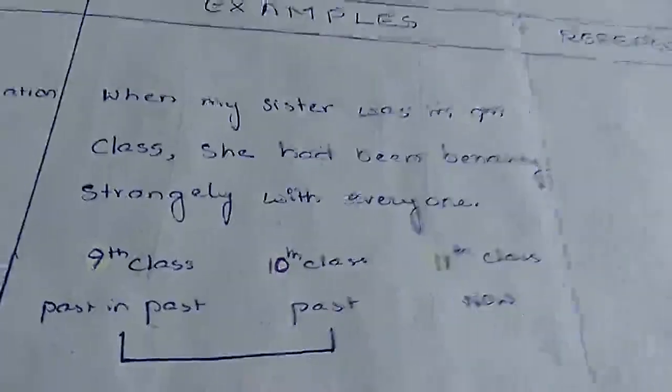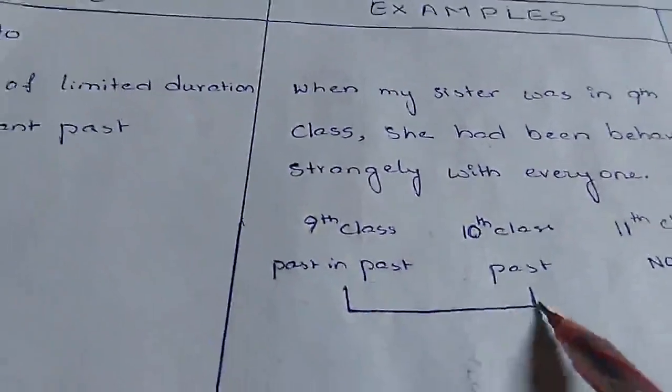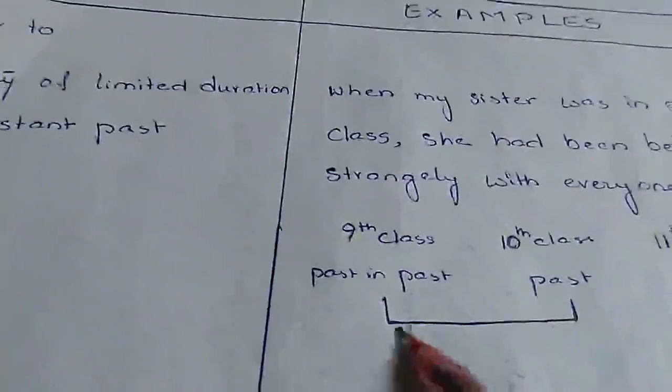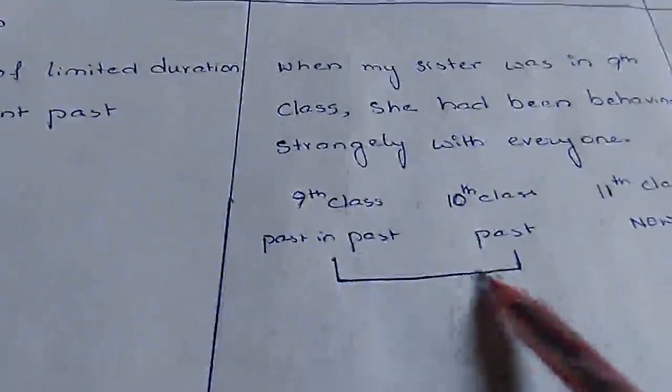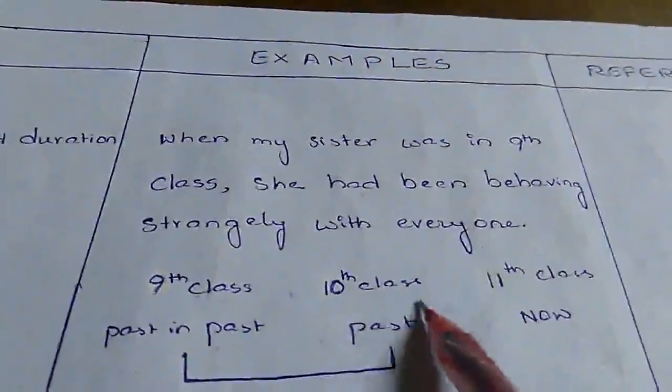So this is an example sentence. In such context, we use this past perfect continuous tense. That means we are referring to an activity for a limited duration in the distant past. This kind of behavior was not there when she was in 10th.